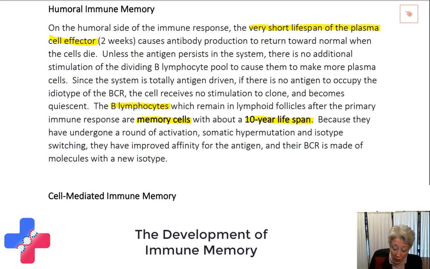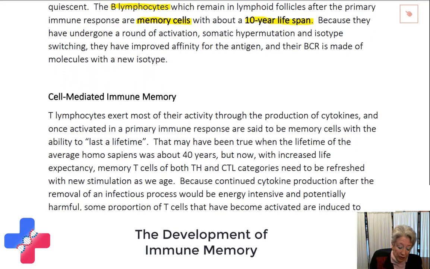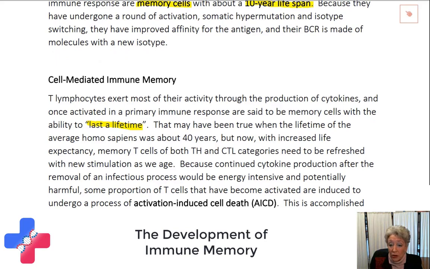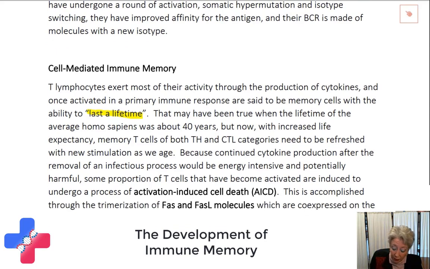In the case of cell-mediated immunity, of course, my issue is that those cells are actually much more long-lived. And so, although it used to be said that these cells would last a lifetime, now that we know that human beings last longer than they used to, we have certainly increased life expectancy to well beyond what would have been anticipated in the caveman era.